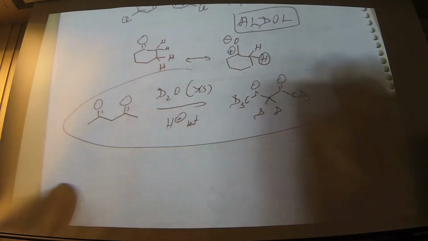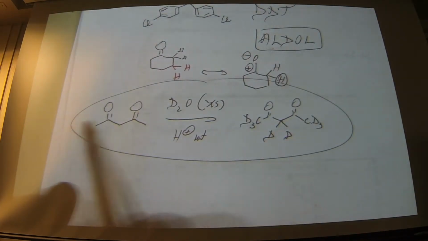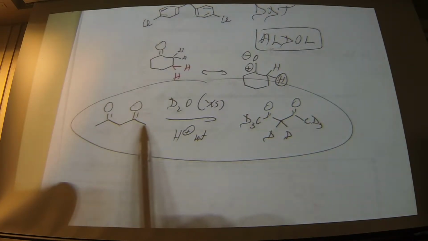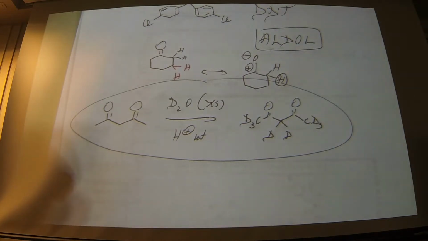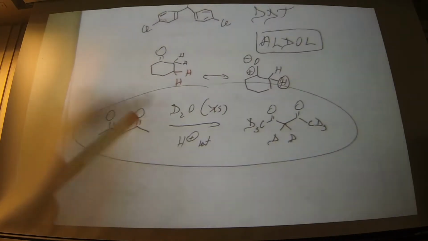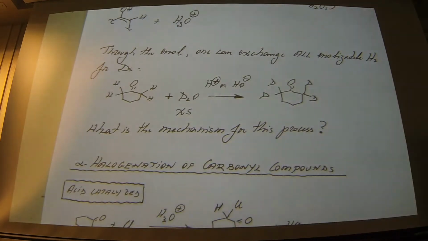So in other words, I will very quickly go to this. And the reason is that this is alpha to a carbonyl, and this is alpha to a carbonyl, so all three positions are enolizable. If they can be enolized, then I can exchange the proton that was there for deuterium. This may be one of the problems you're asked to do, I forget, but there are several similar ones at the end of the chapter.